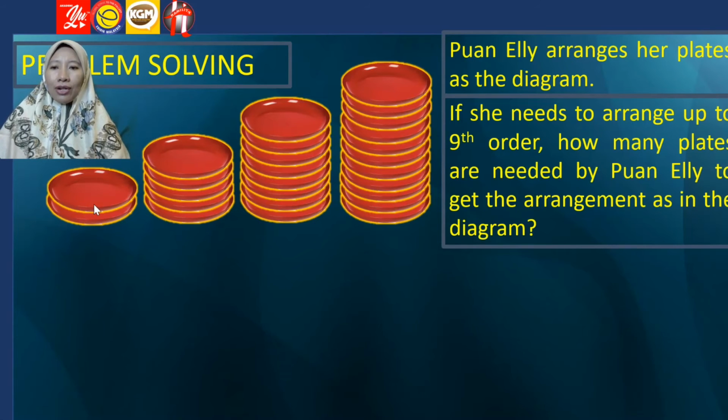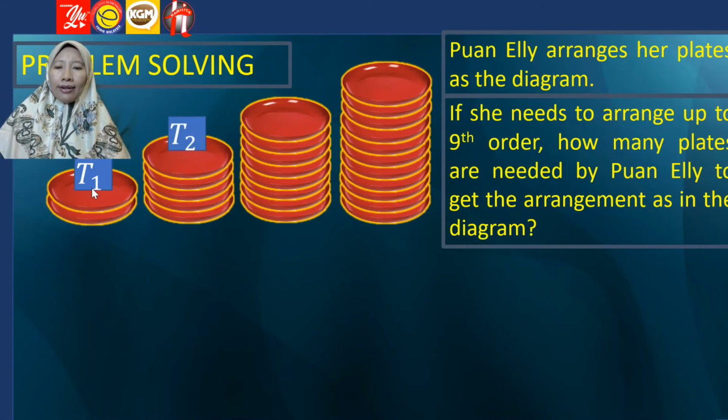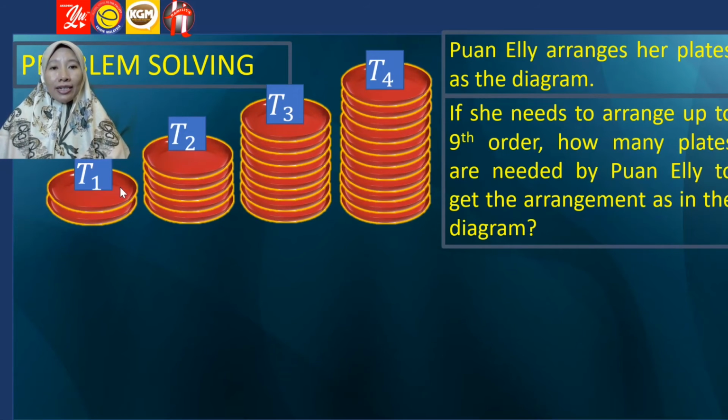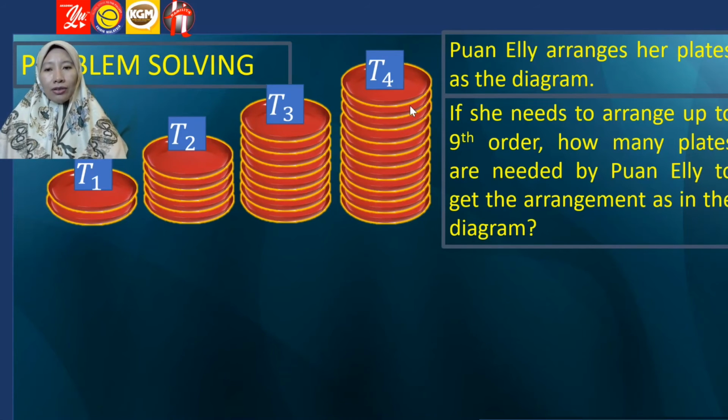Okay, now here you have the first order, we can name as terms number 1, and then followed by terms number 2, terms number 3, terms number 4, and remember that Puan Ellie needs to have until terms number 9. So how do we do it?